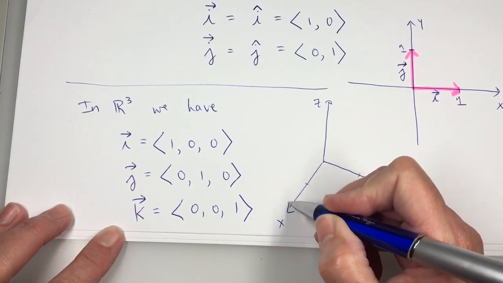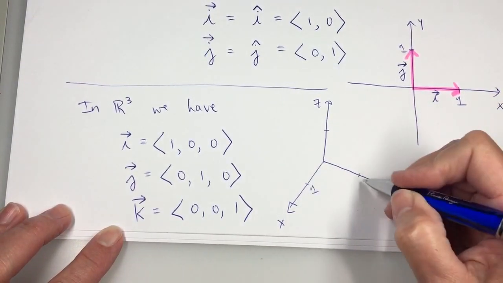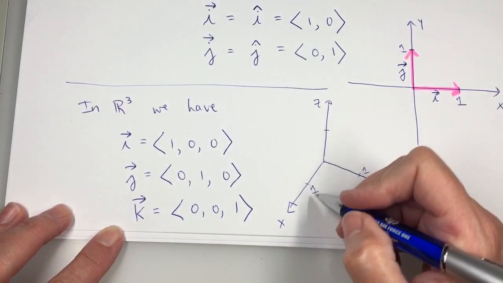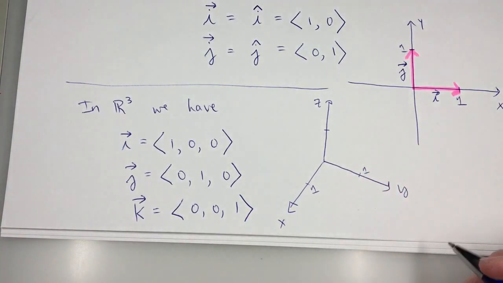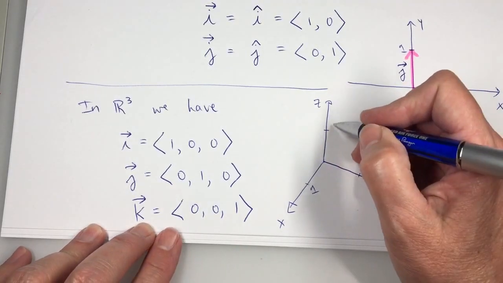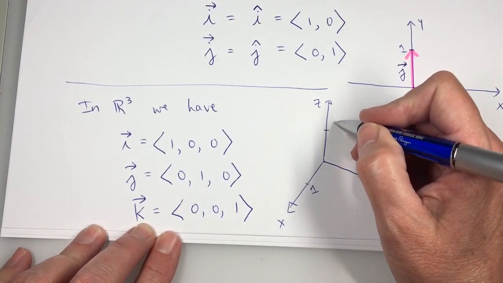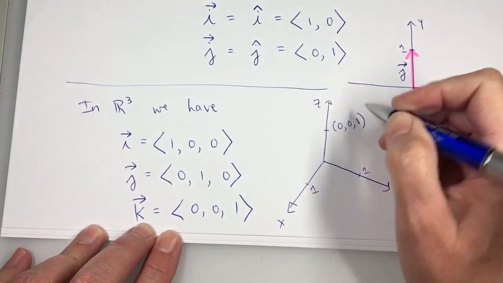I might even mark 2 on the x, but we're interested in where the 1 is. Positive 1. Now what's this point? That would be (1, 0, 0) on x. I'm just marking where the 1 is on the number line, and on the z-axis, the coordinates are (0, 0, 1).